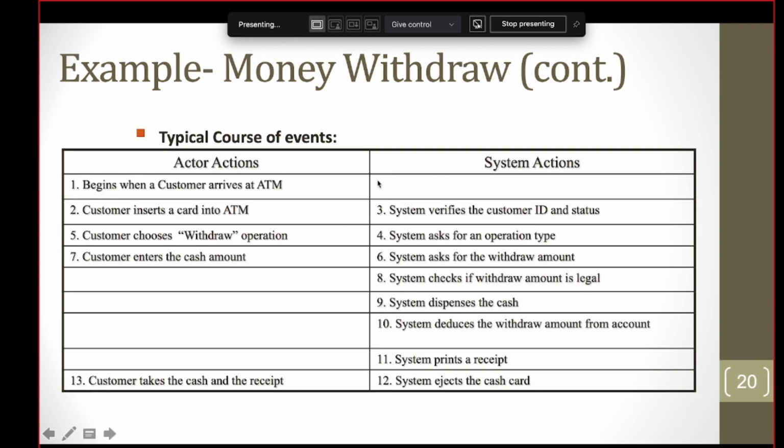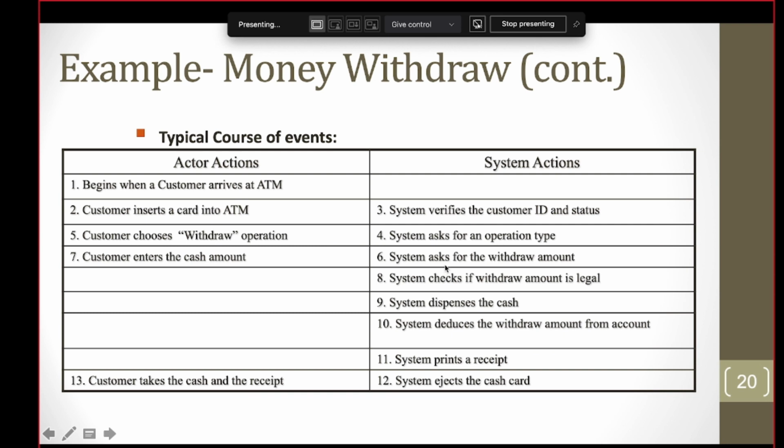So, the typical course of events. Actions: the customer arrives at the ATM and inserts a card into the ATM. Then what will the system do? This is the third step. If you see the numbering, the actions are in order. The system verifies the ID and status. The system asks for the operation type, and the customer chooses withdraw.